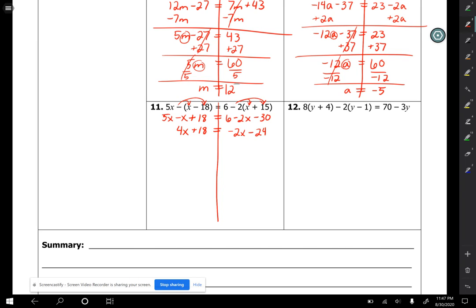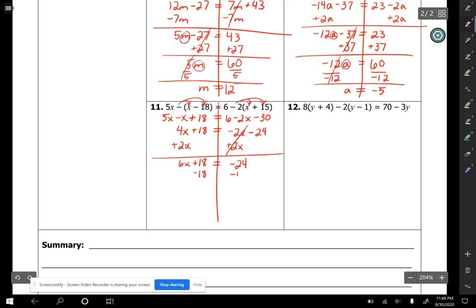Now I can move the minus 2x over here by adding 2x to both sides. 6x plus 18 equals negative 24.